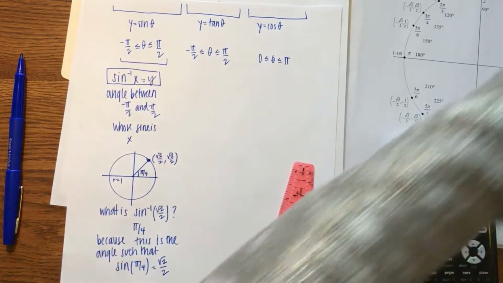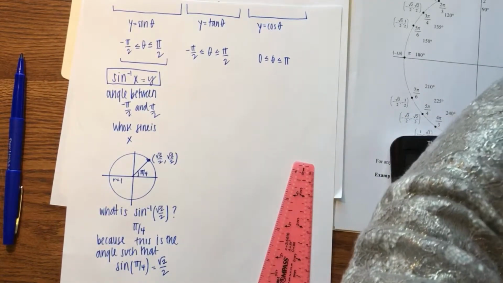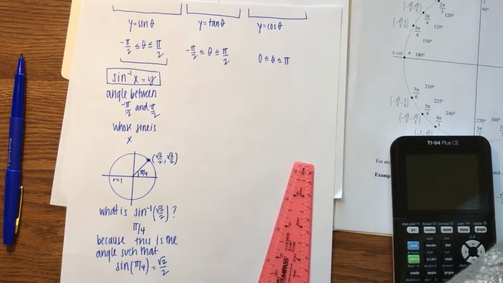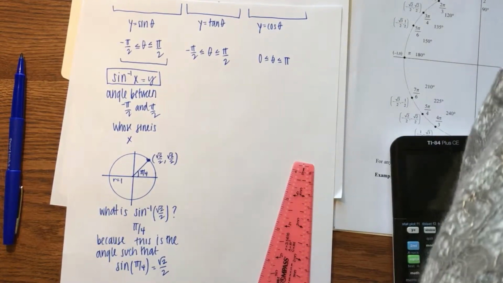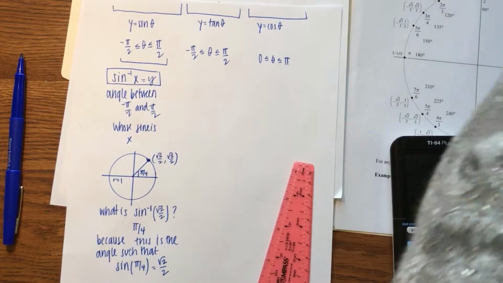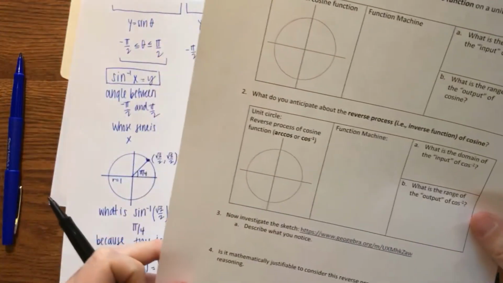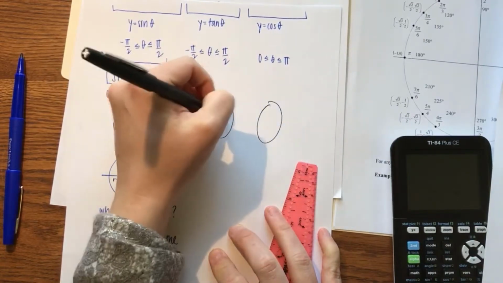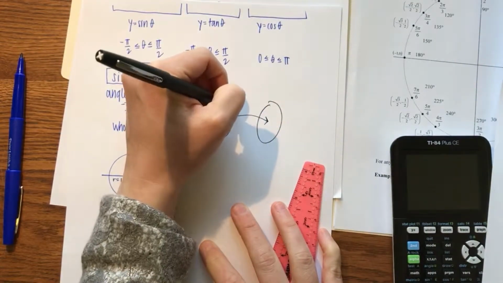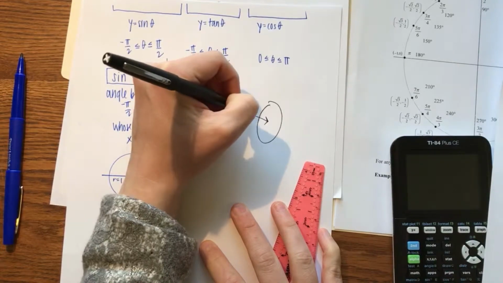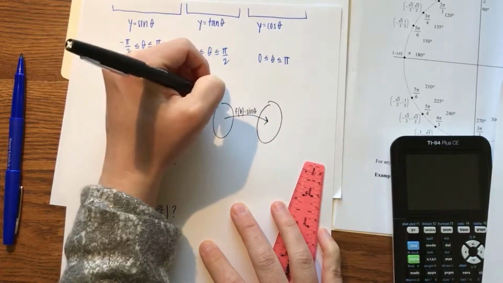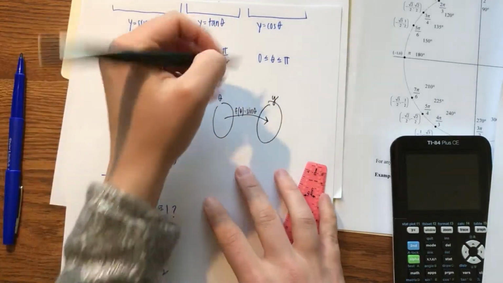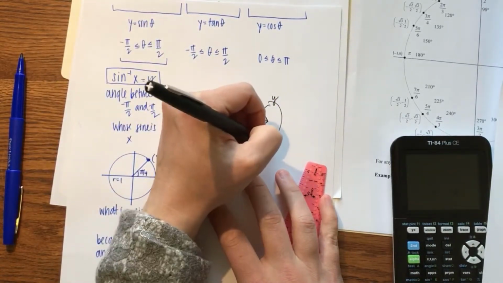When we think about the reverse process of our sine and our cosine, notice the input for one function, the reverse process, we'll do this next. When we think about this original diagram that I drew, if we have f of theta equals sine of theta, our theta is our input and our y is our output. So we have in, we have out.